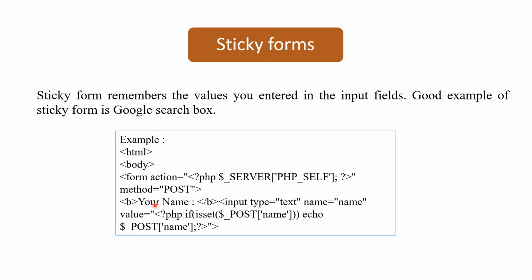We display the message "Your name", and then take one text field with the name, and in this field value is equal to PHP opening script, and then we check if it is set $_POST name, and then echo $_POST name. This code is used to make the form a sticky form.